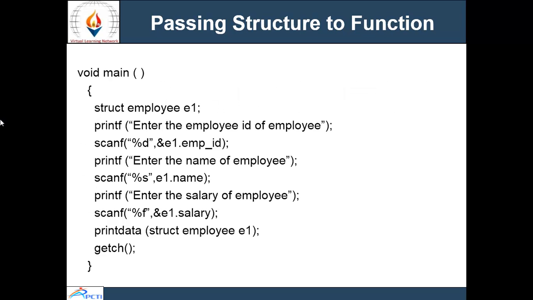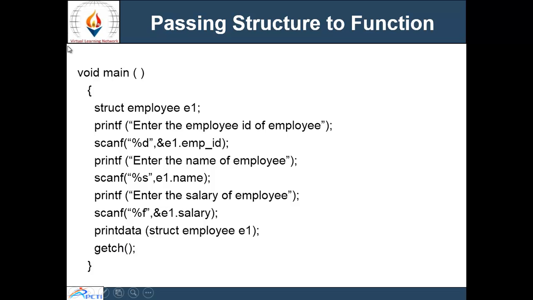Here I have written struct employee e1, the variable of structure, and then printing the message to enter the employee ID. So here I am scanning the values of emp ID, name, salary, and then calling the function print data. Print data is a function where I am passing the whole structure, that is struct employee e1.